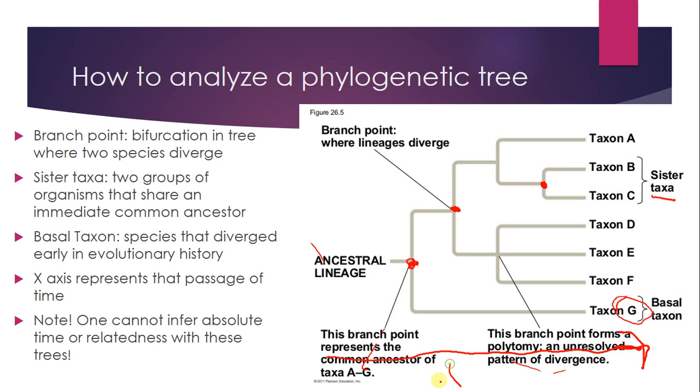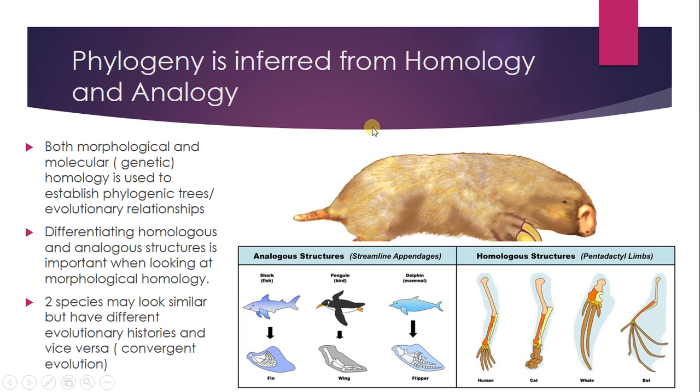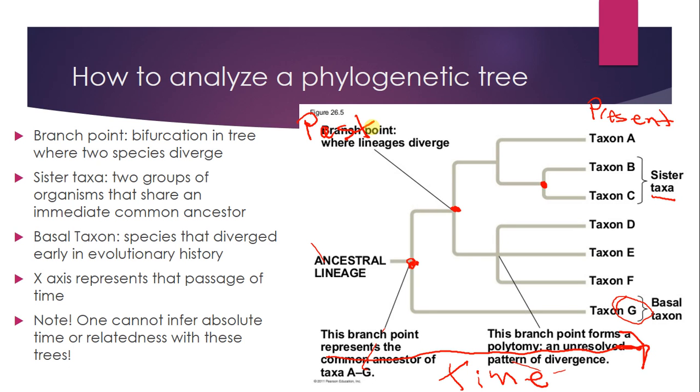This x-axis here, we go from left to right. This x-axis here is time. So as time is going on, this is the present, and then back here, this is the past. One thing to remember, you cannot infer absolute time or relatedness with these trees.